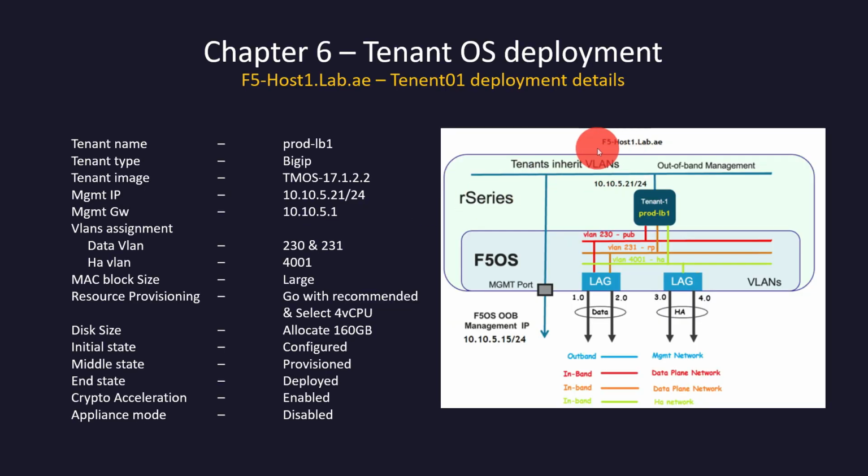Let us jump into fihost1.lab.ae and create the prod lb1 tenant. This is how tenant 1 will be created on host 1.